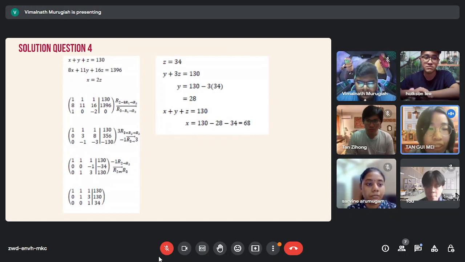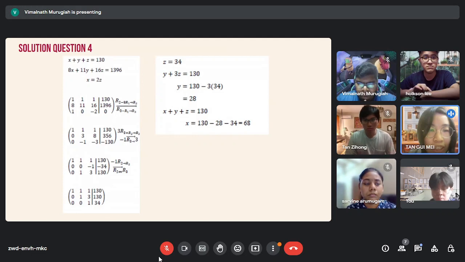So Gauss-Jordan elimination is used in this question, which involves reducing the augmented matrix to row echelon form by using elementary row operations.